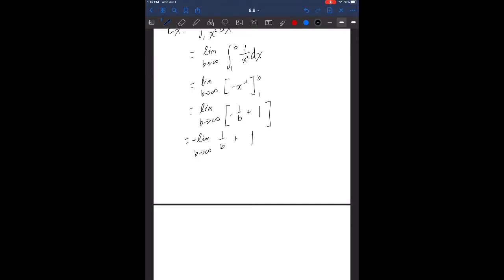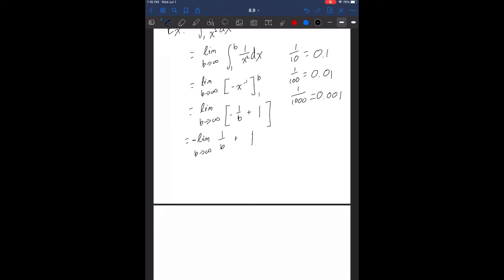Now, if we think about it, if we plug in a really, really big number for 1 over b, we're going to keep getting smaller and smaller answers. So, for example, 1 over 10 is 0.1, 1 over 100 is 0.01, 1 over 1,000 is 0.001, and so on and so forth, right?